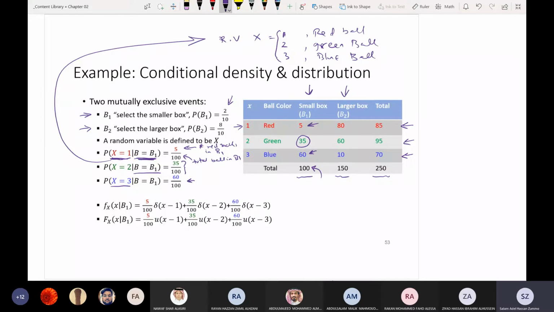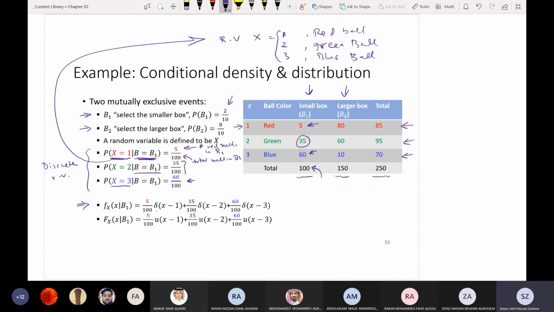So clearly, this is a discrete random variable, right? And hence f_X, the conditional PDF of x given B1, has 3 values.